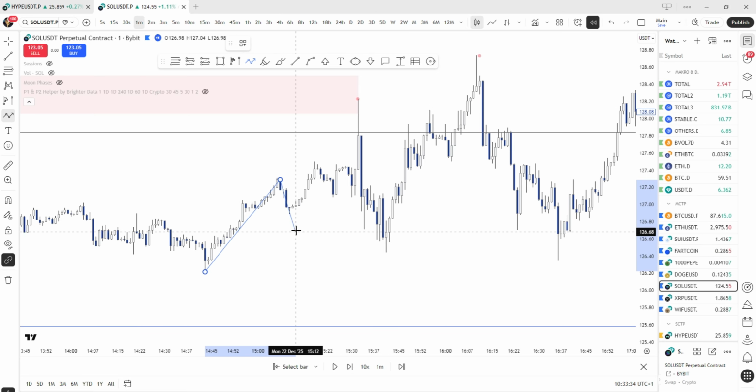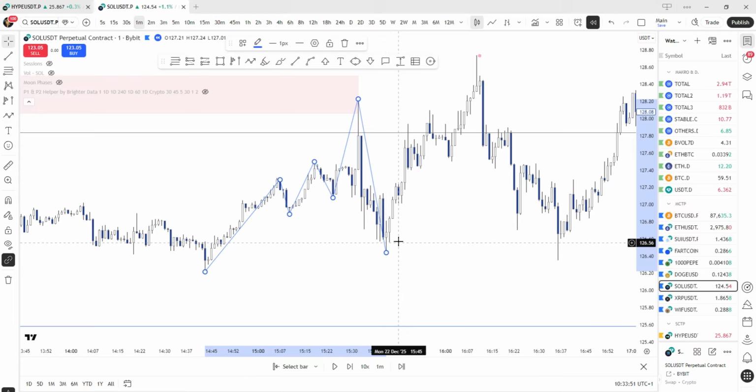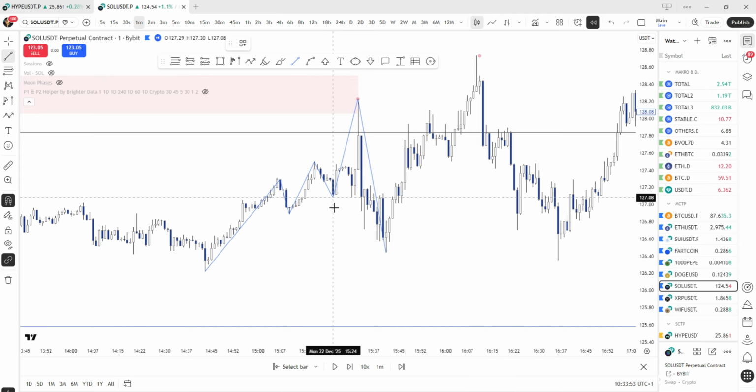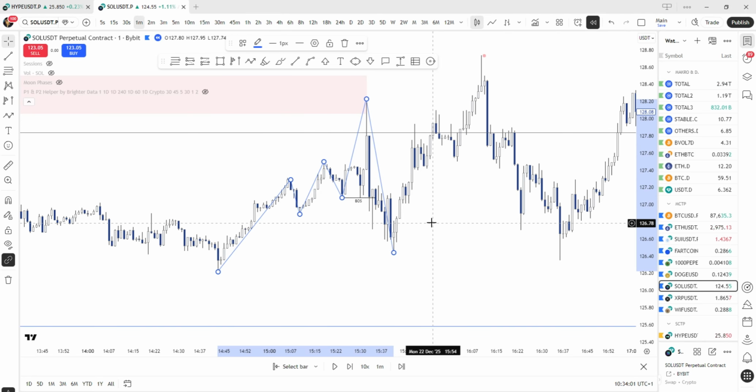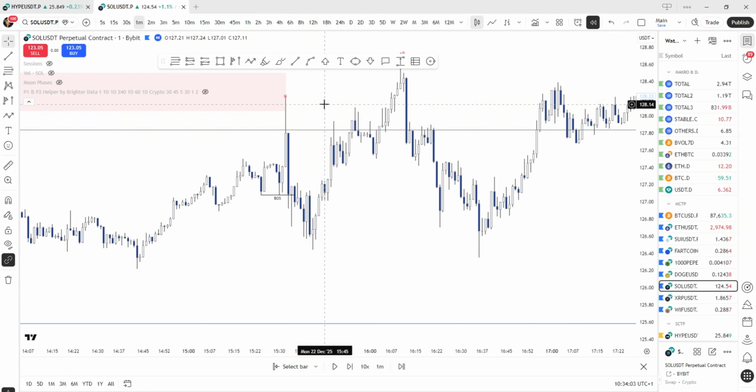We had a high, lower high, lower low, lower high. Higher high, higher low, higher high, sorry. And we wicked it and closed right here. This could have been the breakout structure again, but I did not enter.